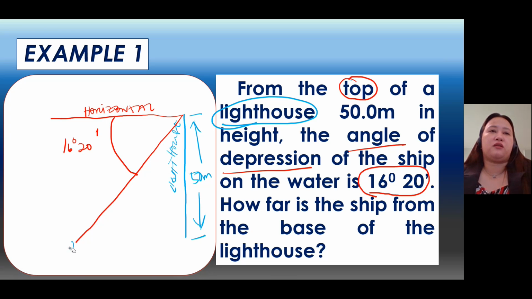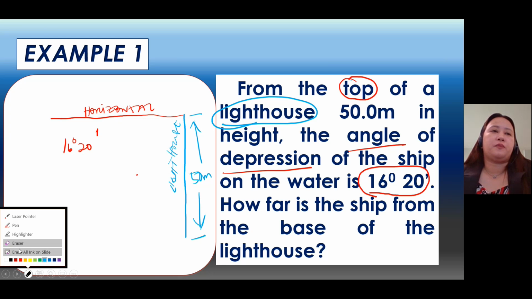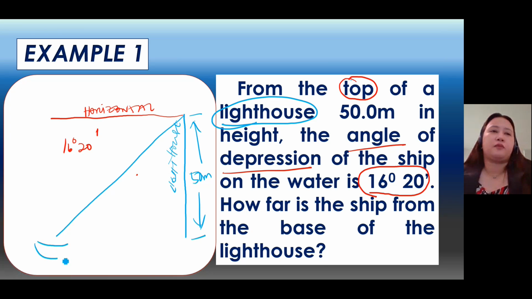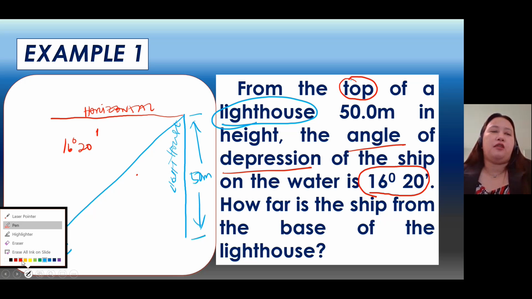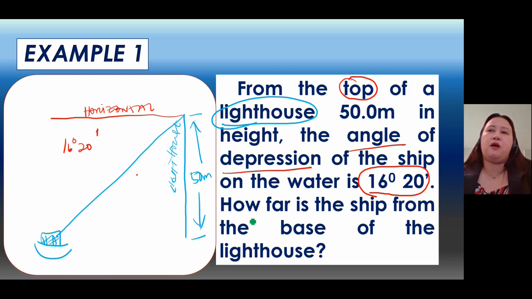And in the problem, how far is the ship from the base of the tower? So what is being asked here is the distance of the ship from the base of the tower. This is the unknown x.